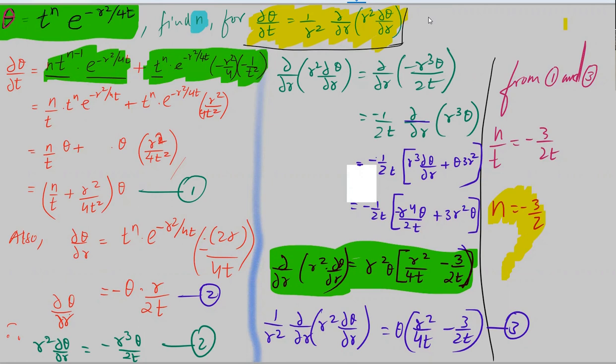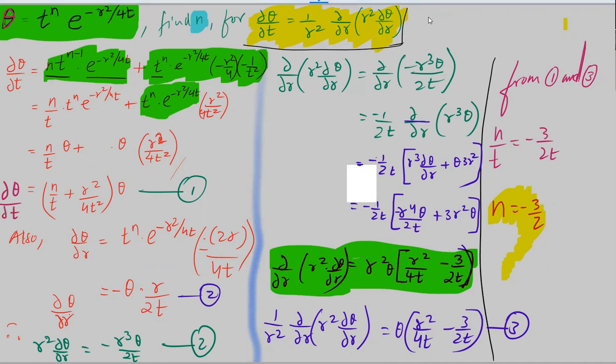And here, if we see this part, t power n into e power r square upon 4t is theta, the starting equation. So I substituted that as theta. And minus into minus plus, so r square upon 4t square we got. And theta you can take common. So d theta by dt, we got equation number 1.